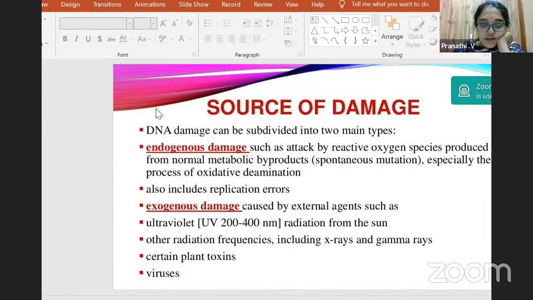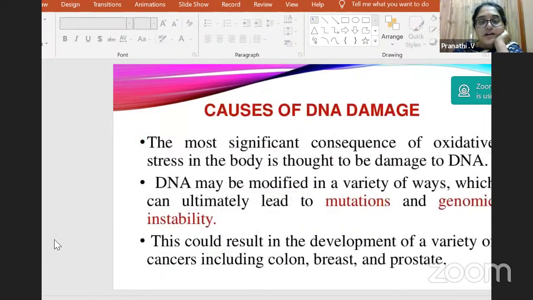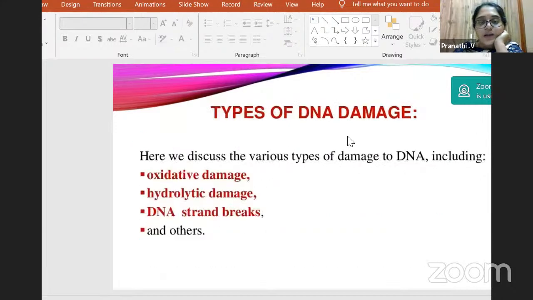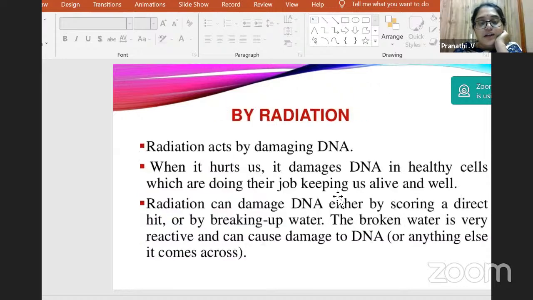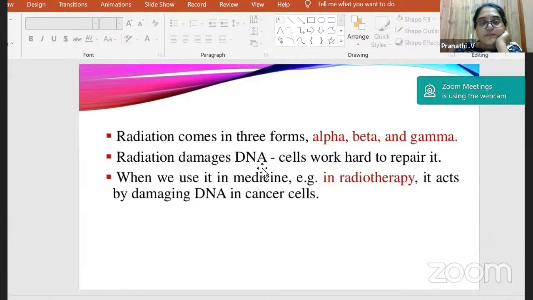One is, like I told you, endogenous and exogenous damage that can occur, causes of the DNA damage, types of DNA damage, again hydrolytic, oxidative, and DNA strand breaks. Because of radiation also it occurs.